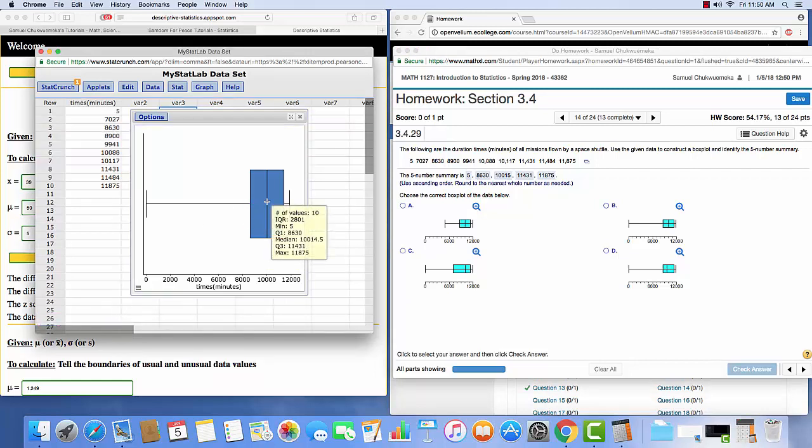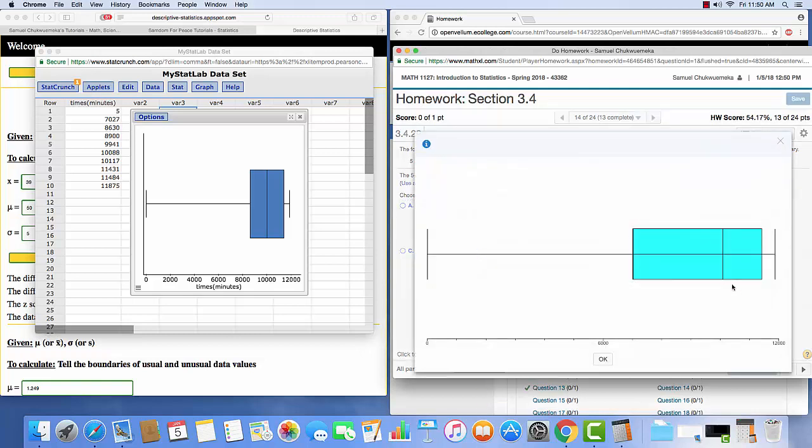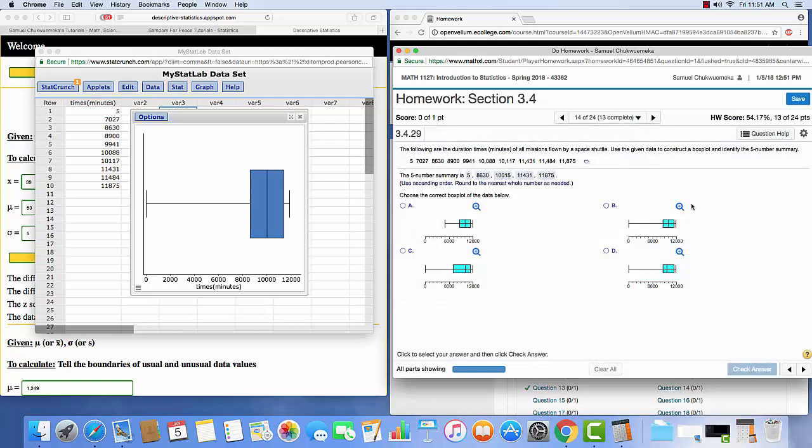Okay, let's look at the median. The median is 10,015 approximately. Let's look at C. The median is 10,000, because this is 6,000, 7,000, 8,000, 9,000, 10,000, 11,000. So C is okay. Let's leave it.